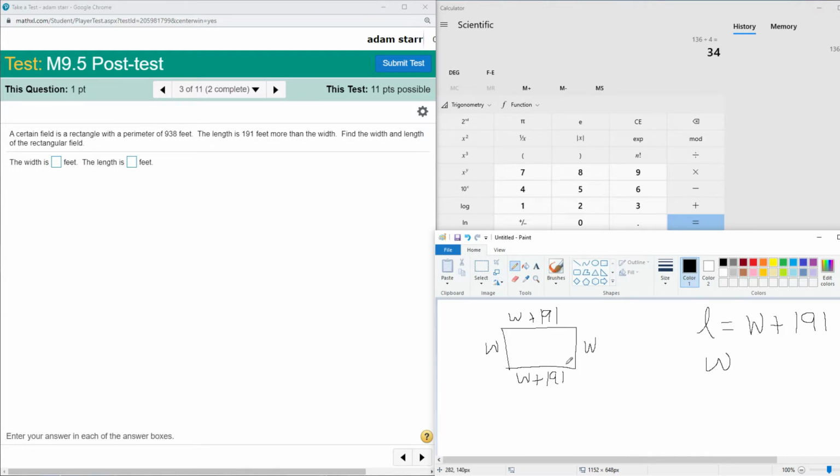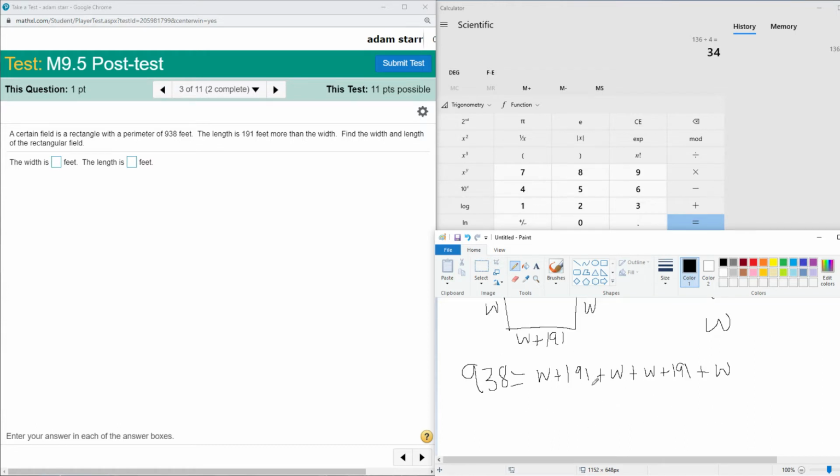So I'm going to create an equation. 938, which is my perimeter, equals all four lengths added together. So I have W plus 191, that's this length, plus W, this width, plus W plus 191, that's this length, plus W, that's this width. So these are all four sides added together.